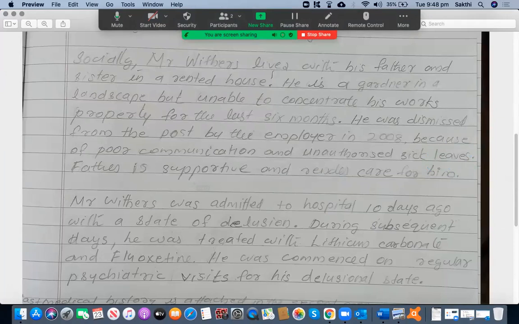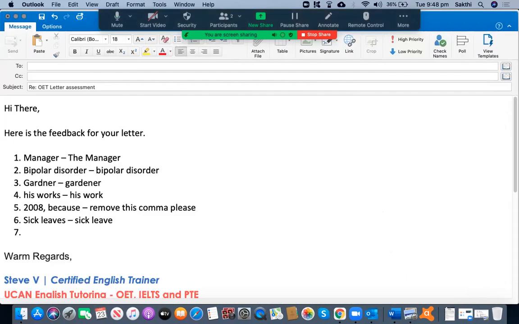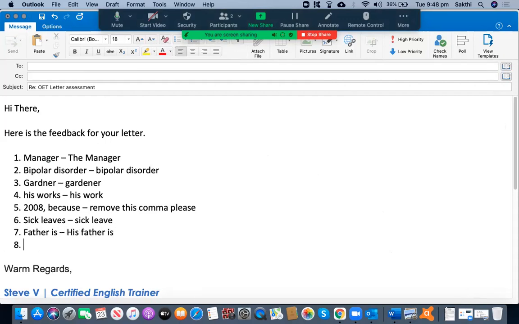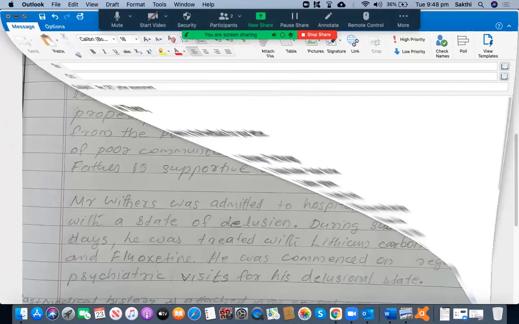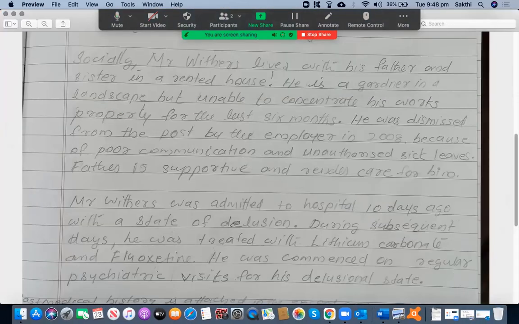Father is supportive and renders care for him. It's not father is supportive, his father is supportive. That's how you need to say. So you should say his father is supportive. All right, let's go to the next one.